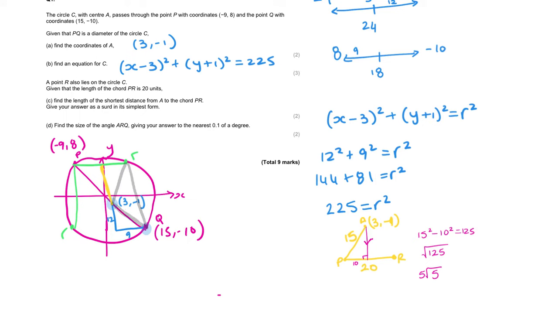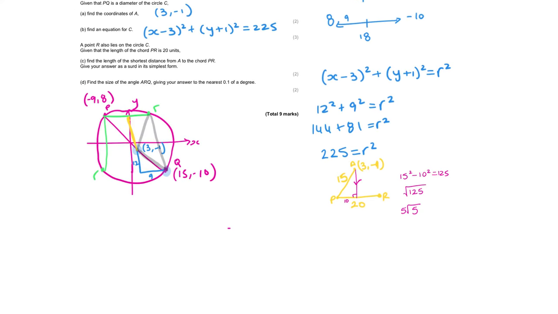Okay, so if I was to actually draw this again, ARQ. What is it? I want an angle, right? So I want this angle, yes? So what's A to R?